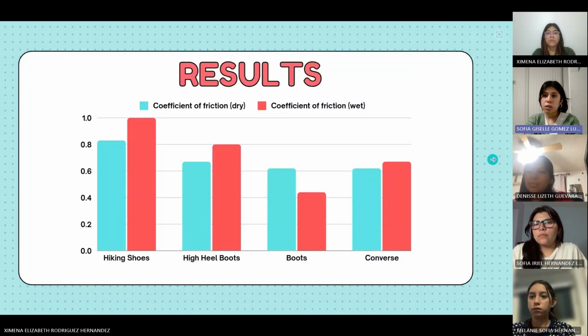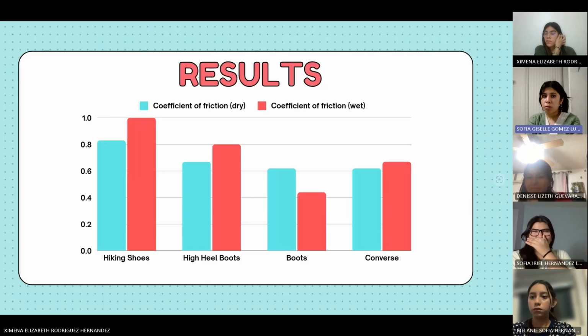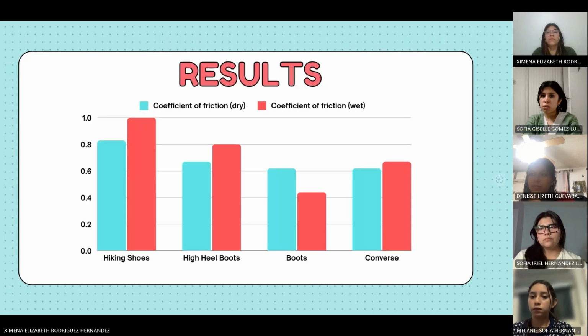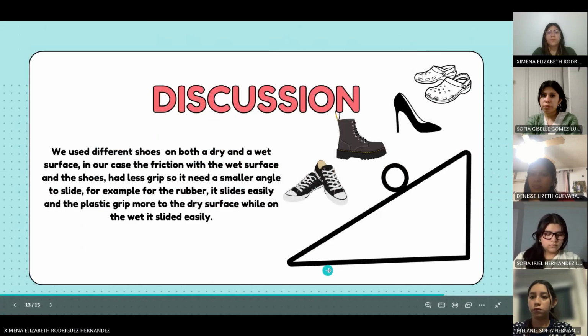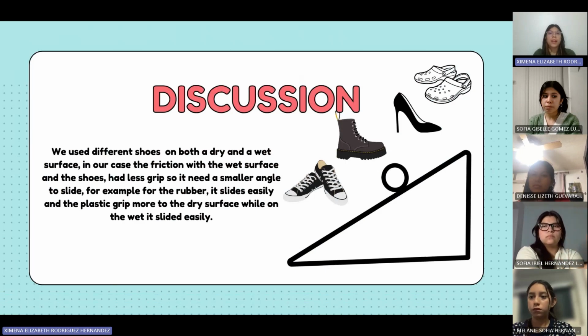Okay, then in the results, as you can see, in most cases the different types of shoes on the wet surface have a greater coefficient of friction, except in the case of the boots. As my teammate said, we used different shoes on a dry and a wet surface.